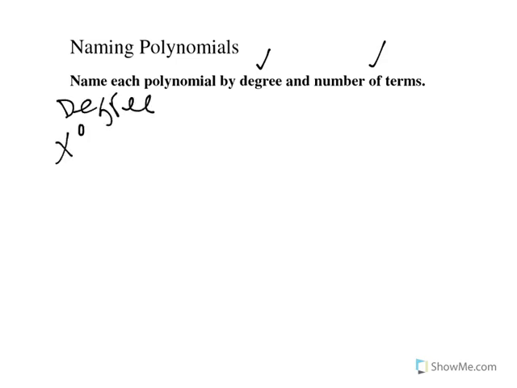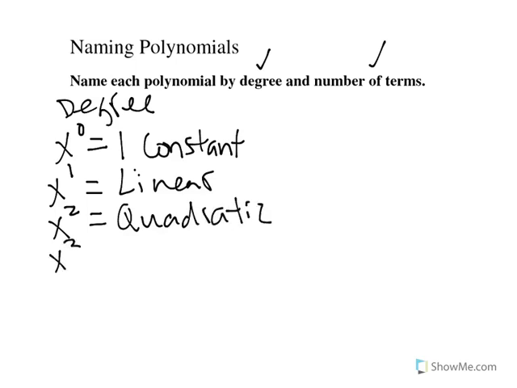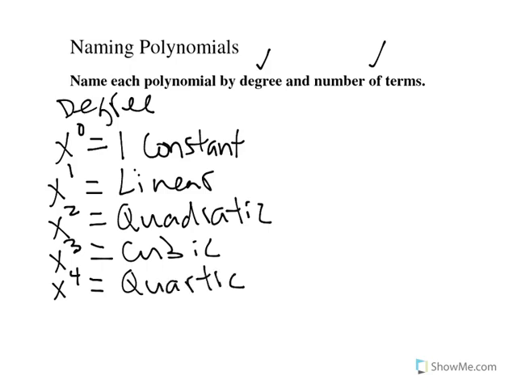Right? So then x to the 0, this gives us 1, so this is called a constant term. Right? And x to the 1 power, this is called our linear degree, and x squared, this is quadratic, and x to the 3rd, this is called cubic, and x to the 4 is called quartic, and x to the 5th is called quintic.